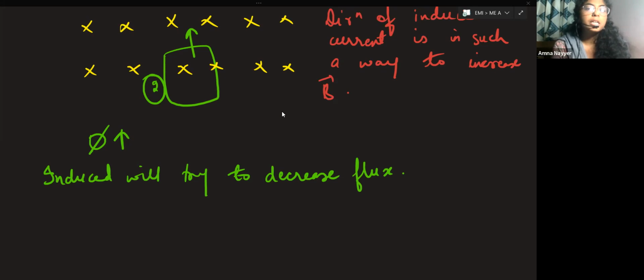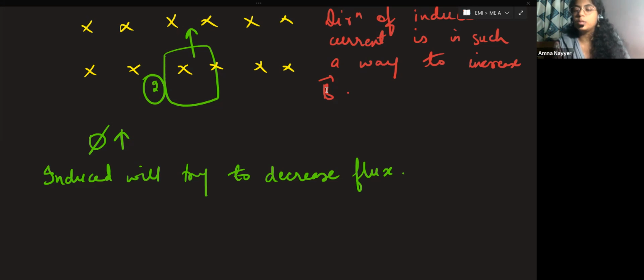Hamza, you tell me, should the induced magnetic field point outwards or inwards? This is the original magnetic field that is going into the page. What should be the direction of the induced magnetic field?